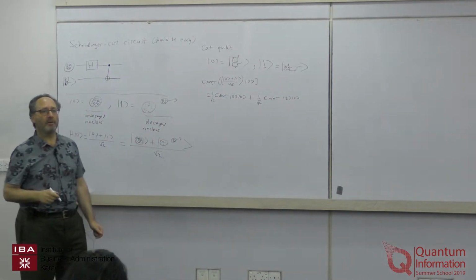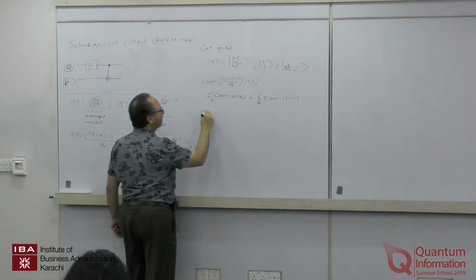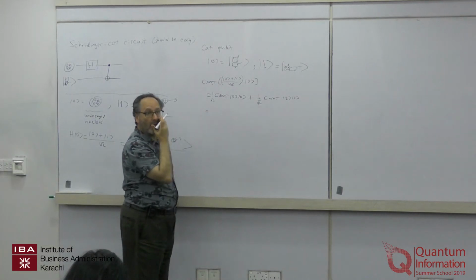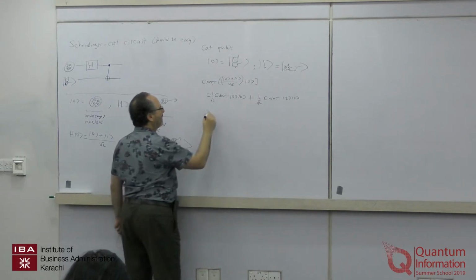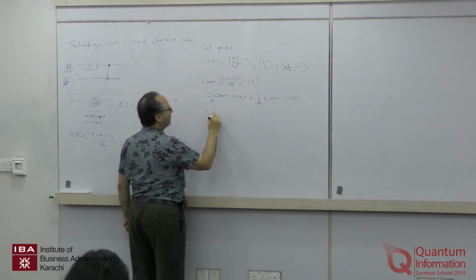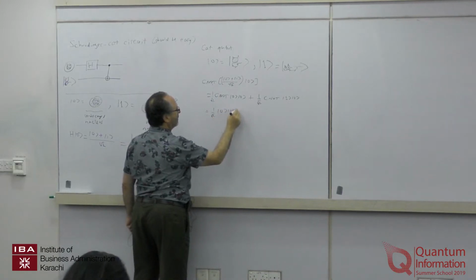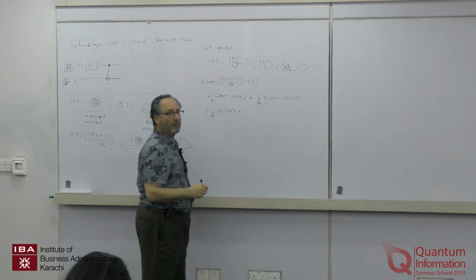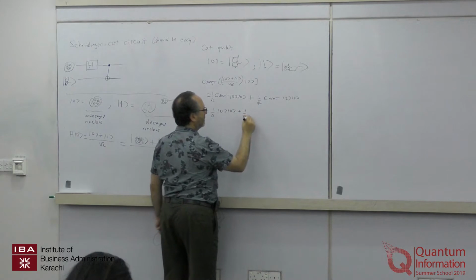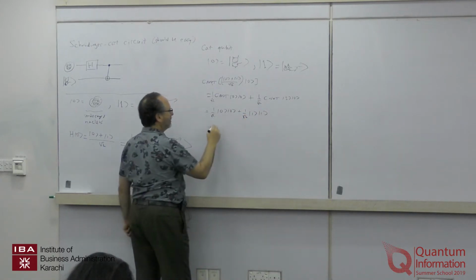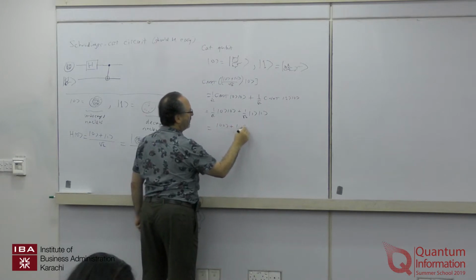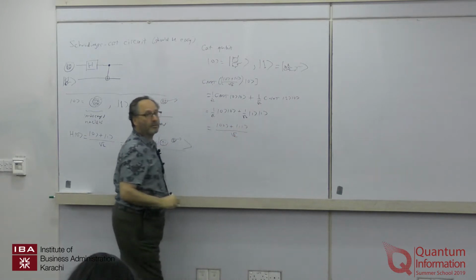Now based on the control bit, what's the first term? Okay, good. And then the next one? Okay, so that's just 0, 0 plus 1, 1 over root 2.